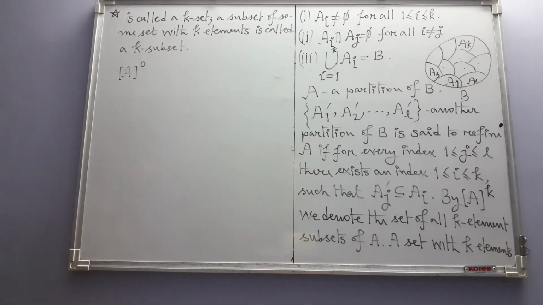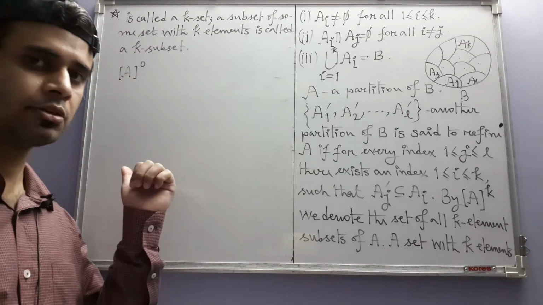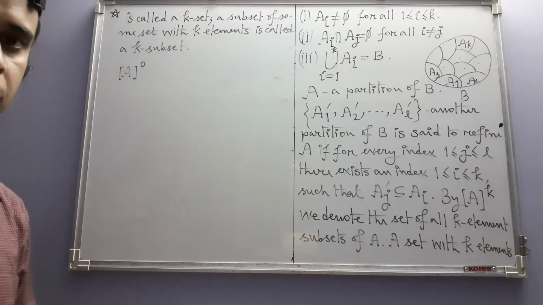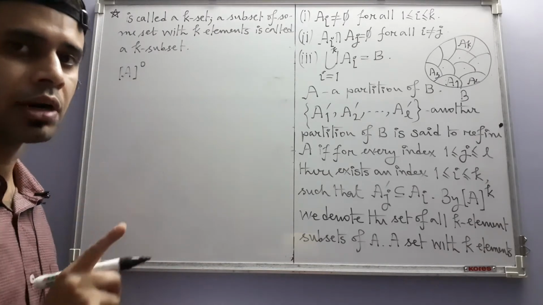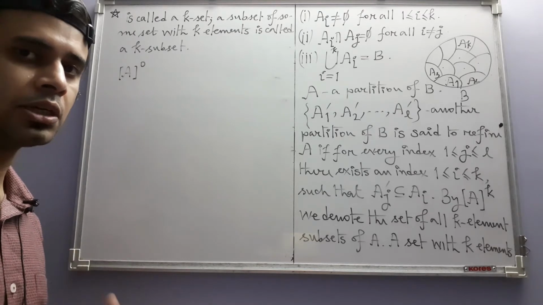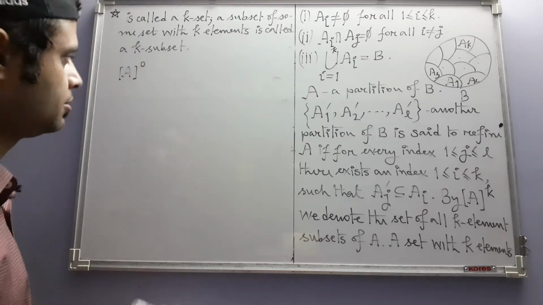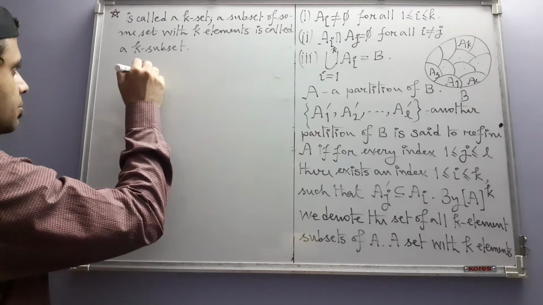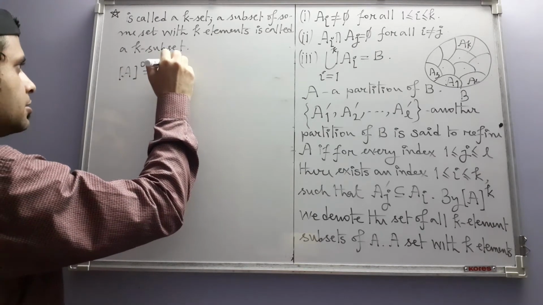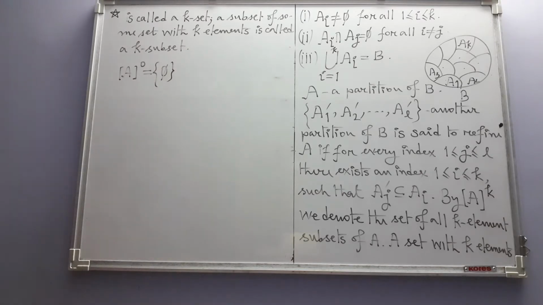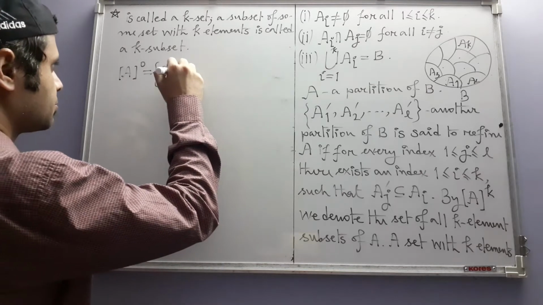this denotes the set of all subsets of A that have no element, and every set A has exactly one subset which has no element, which we know is the empty set. So this is the set of all such subsets. That means it has only the empty set in it.